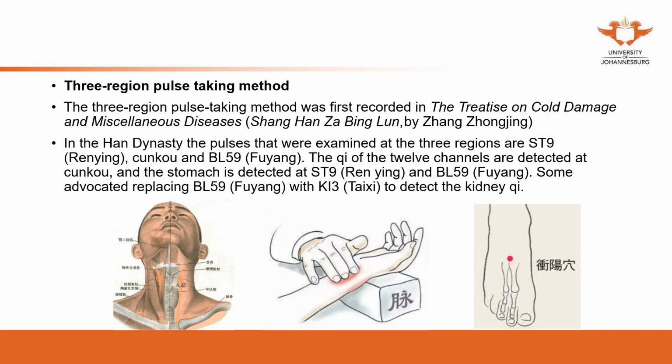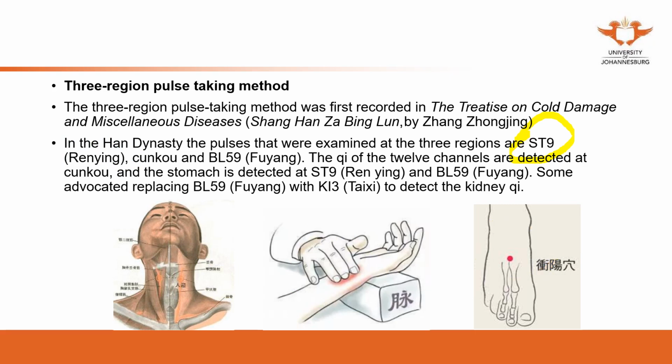We take the Renying pulse, around where the stomach 9 acupoint sits, on the neck; the cun kou pulse on the wrist, which is something we're still using today; and the Fuyang pulse from the foot. So in Shang Han Lun it introduced these three diagnostic methods.